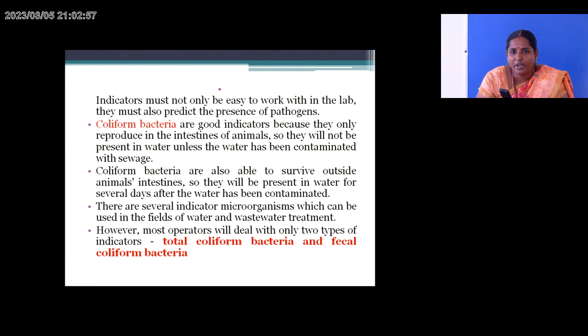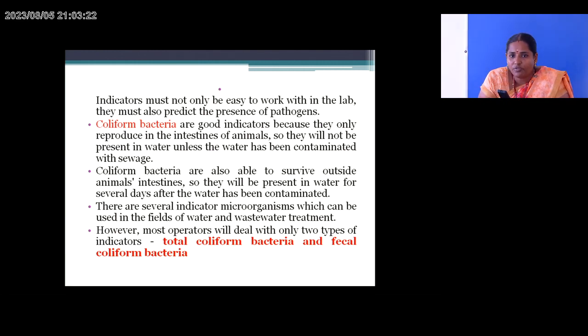Coliform bacteria are good indicators because they only reproduce in the intestines of animals, so they will not be present in water unless the water has been contaminated with sewage. Coliform bacteria are also able to survive outside animals' intestines and will be present in water for several days after the water has been contaminated.